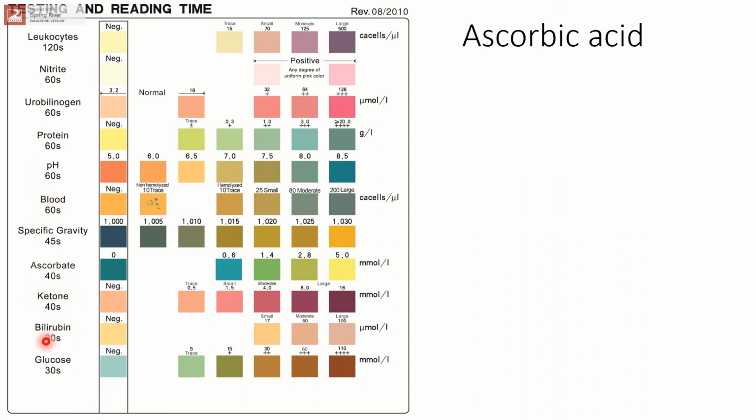So the hemoglobin test and glucose test can be affected, and the clinical findings can be overlooked if too much ascorbic acid is present in the urine. And ascorbic acid can be present in dietary supplements like vitamin C. So this is something that is very carefully looked at when performing a urinalysis test.